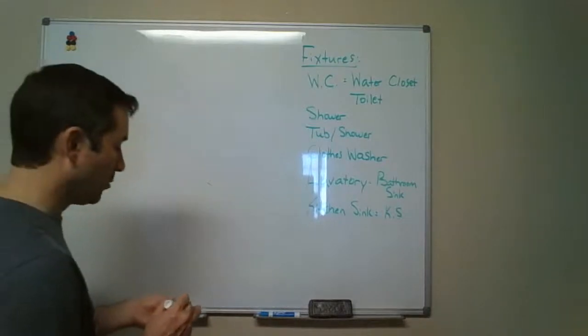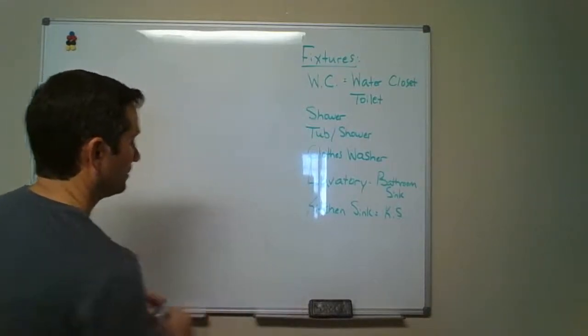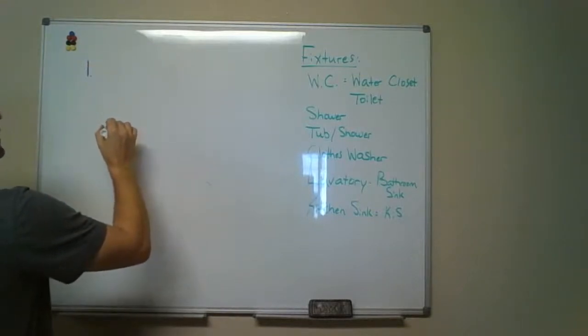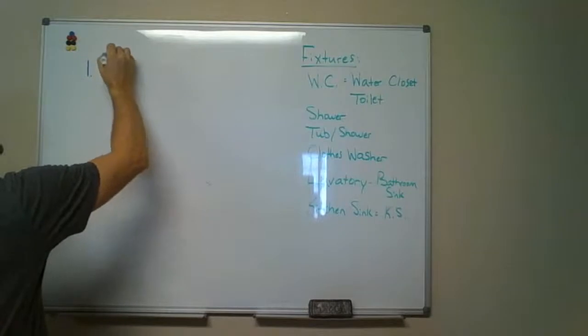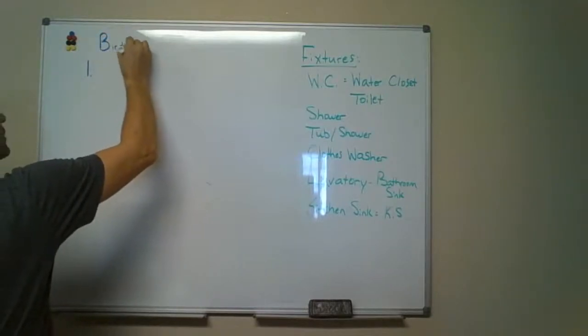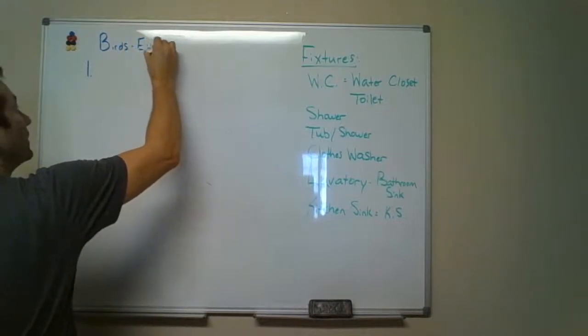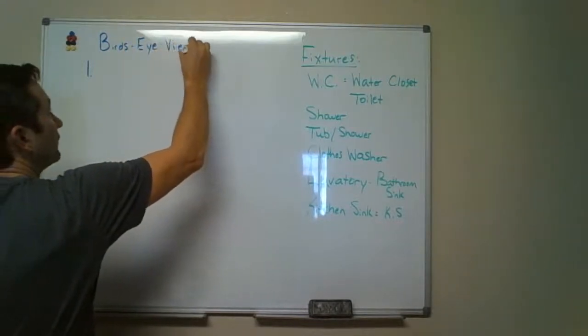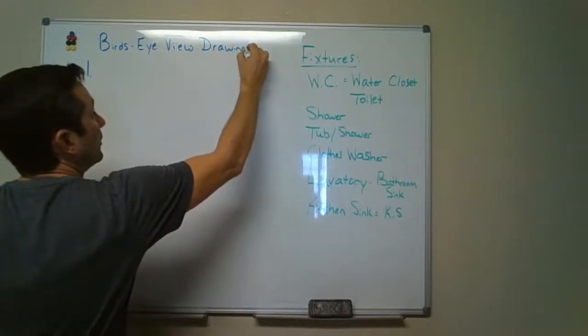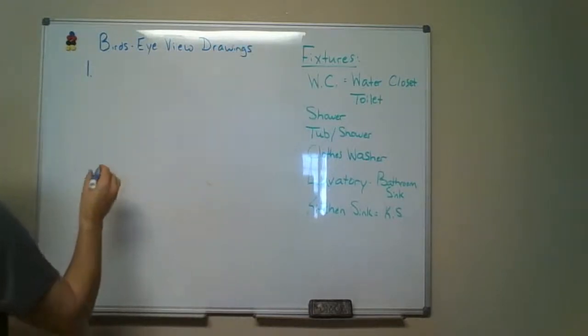So for number one, here it is. I want the bird's eye view. You're going to do bird's eye view drawings for all of these. Number one, we're going to start with the water closet.